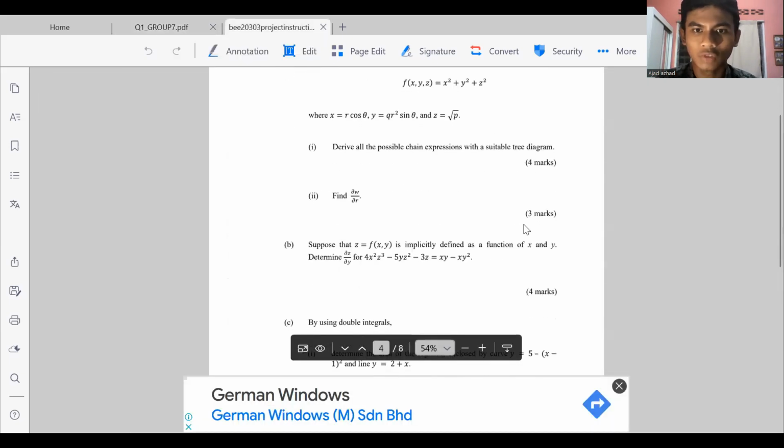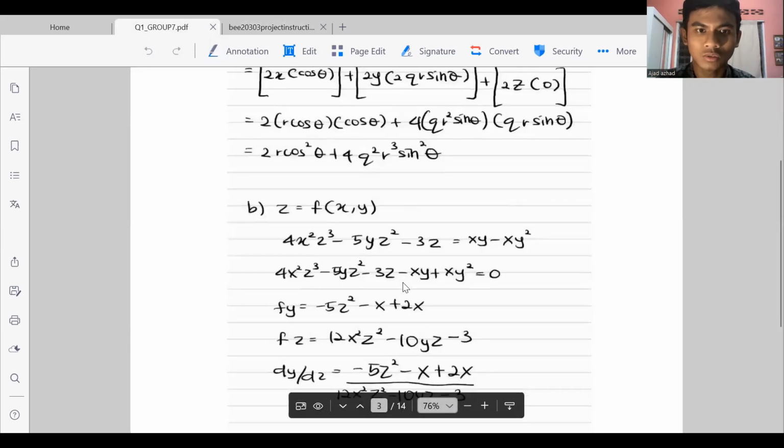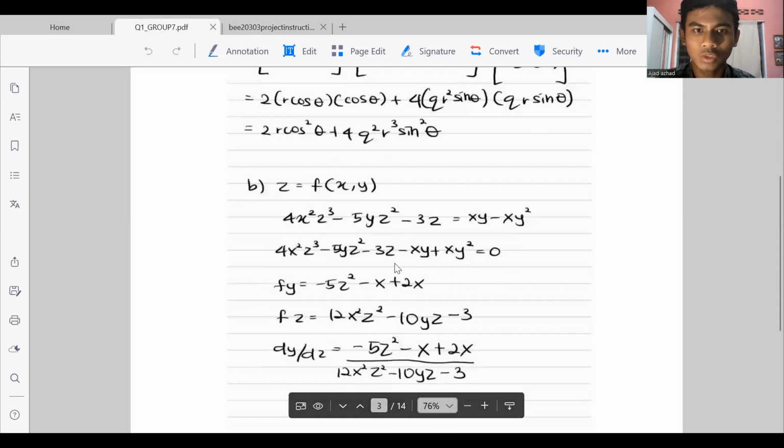And so for question B, we need to define as a function of xy to determine dz over dy for equation B. From the equation, first we need to arrange the position to the left and equal to 0.